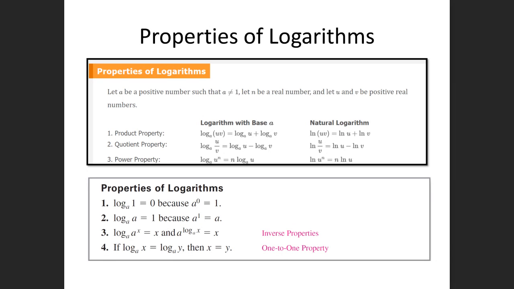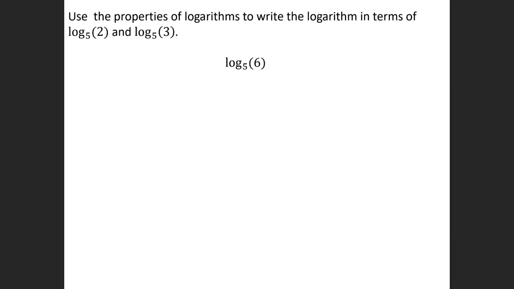Okay, so again, to better understand these, let's look at some examples. It says to use the properties of logarithms to rewrite the logarithm in terms of the log base 5 of 2 and the log base 5 of 3. They're already giving us the log base 5, but they give us this input 6. But I can rewrite 6 as a product of 2 times 3.